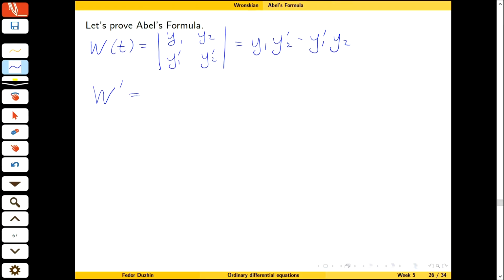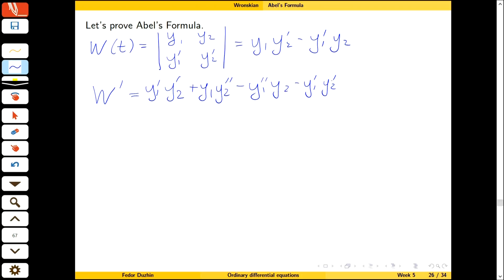The derivative of y1 times y2 prime, by the product rule, is y1 prime y2 prime plus y1 y2 double prime, minus, again by the product rule, y1 double prime y2 minus y1 prime y2 prime.